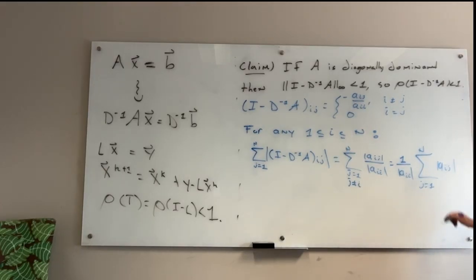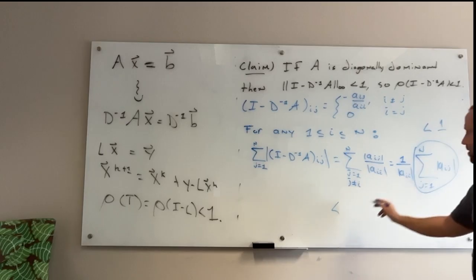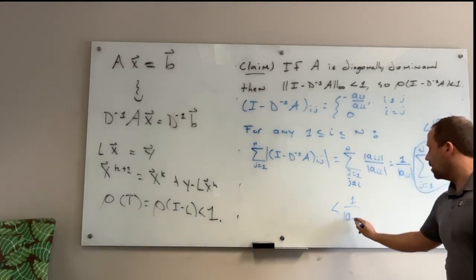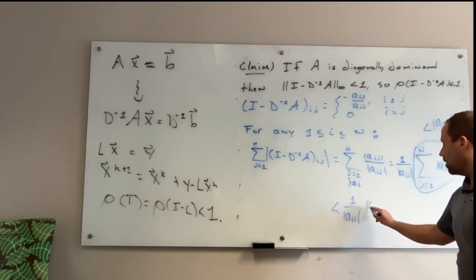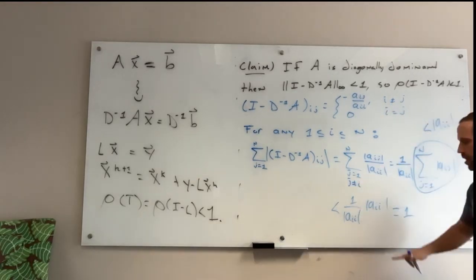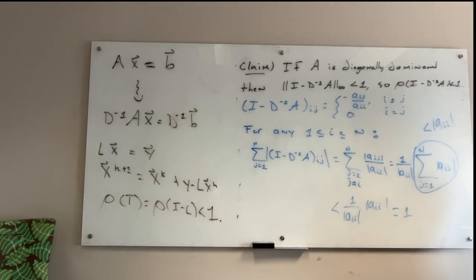Okay, now by diagonal dominance, I know this sum here in that circle is strictly less than the absolute value of Aii. So this right here is going to be strictly less than 1 over Aii times the absolute value of Aii, which is equal to 1. So in other words, this quantity right here is strictly less than 1.